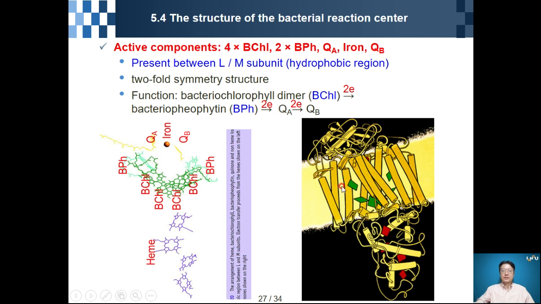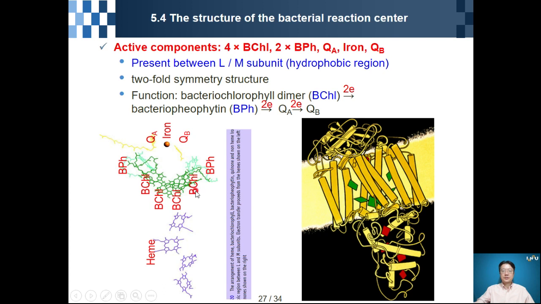Between the L and the M subunit, there is a hydrophobic region. So the active component is located between the L and M subunit. That region is the hydrophobic region.